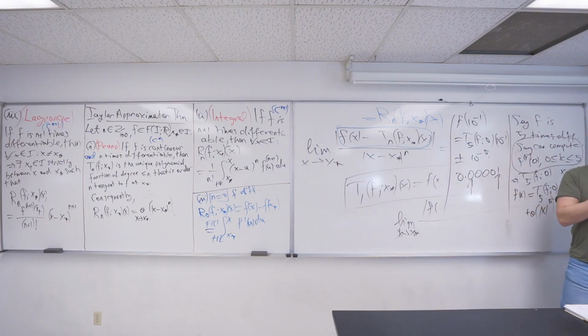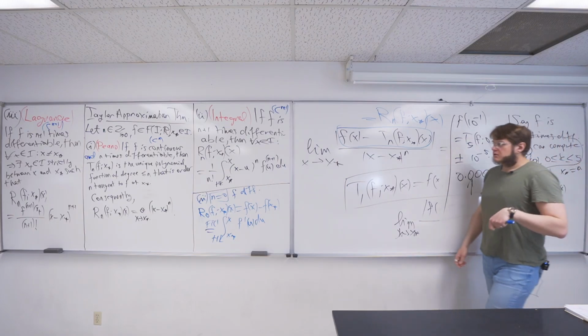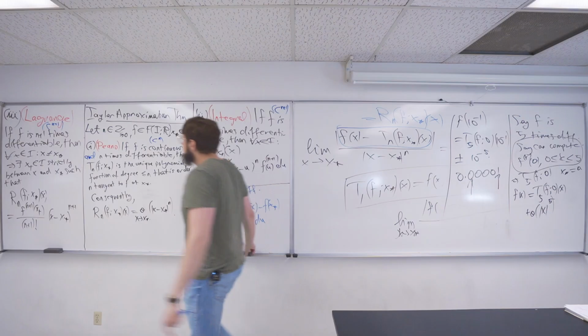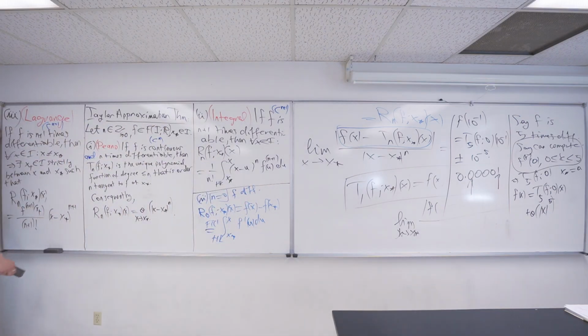Does this make sense? And again, in the third item, if I were to plug in n equals 0, I'm assuming that f is differentiable. And I'm saying that the 0th order remainder, which is f of x minus f of x star, equals, I'll write it here too.